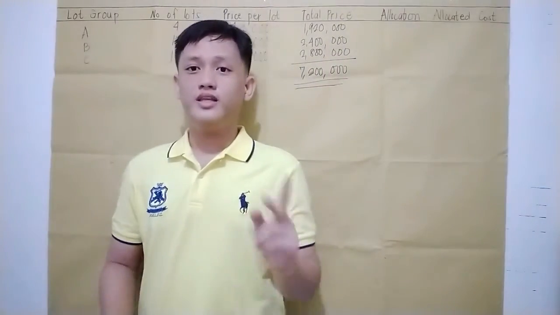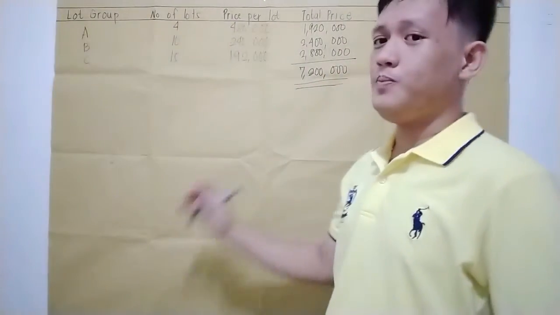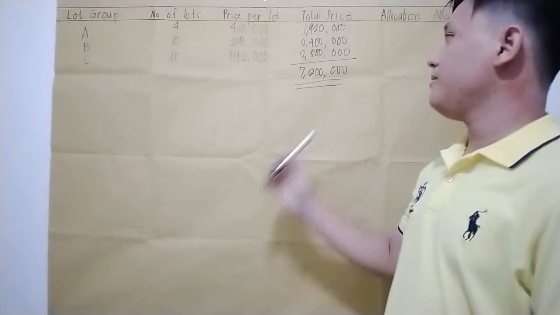So we need to add both, because both are the cost of the tract of land. That is our cost of land, which is 2,200,000. Each group will be multiplying it by their specific price and dividing it by the overall total price.